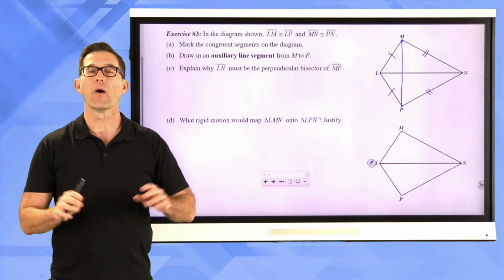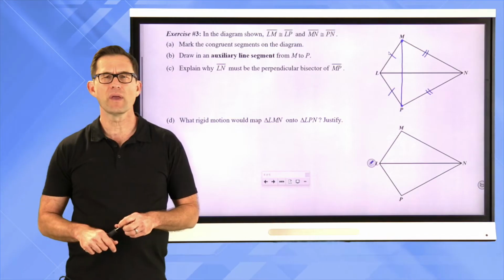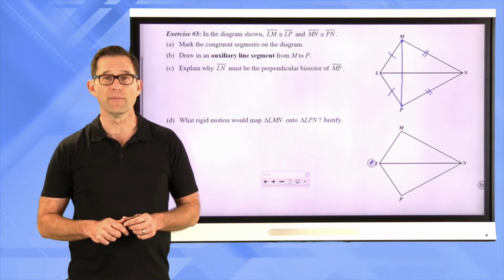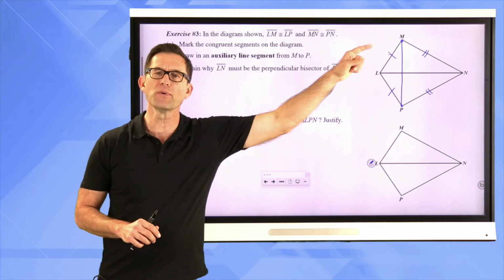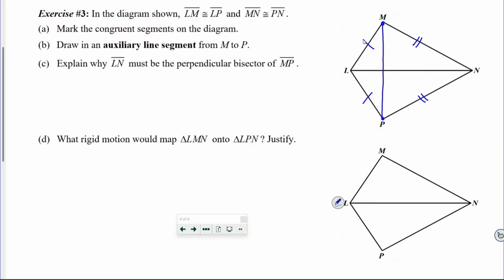Now letter C. Explain why segment LN must be the perpendicular bisector of segment MP. We talked a lot about perpendicular bisectors in this unit. See if you can write down why.